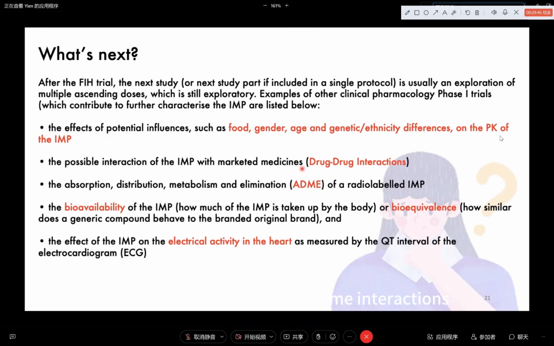They will also evaluate interactions such as drug-drug interaction, ADME of the radio-labeled drug if you have one for your drug, and then you also check on the bioavailability and bioequivalence of this drug. And some of the studies will also include the electrical activity in the heart, which measures the QT interval of the electrocardiogram. And that's all for my part.